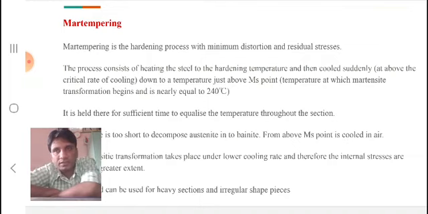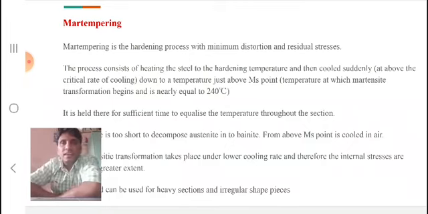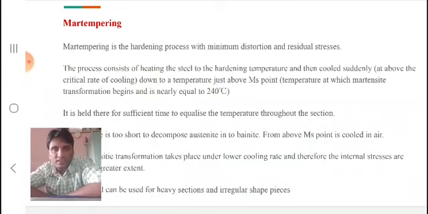Whereas in Martempering, it is quenched into an oil bath maintained at a temperature of 100 to 200 to 250 degrees centigrade, and held there until the entire austenite transforms into martensite.